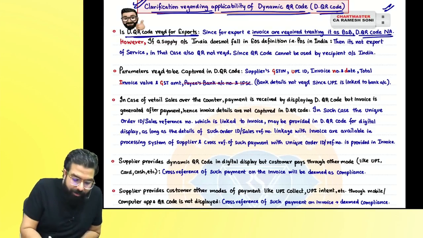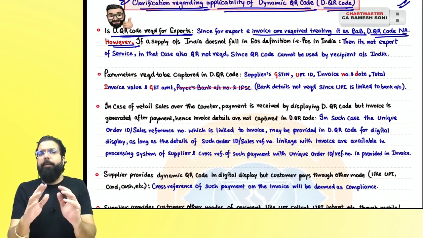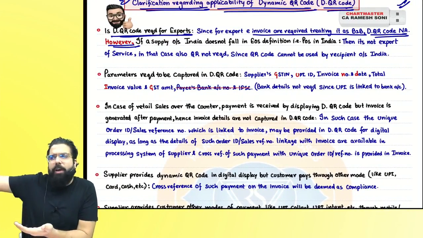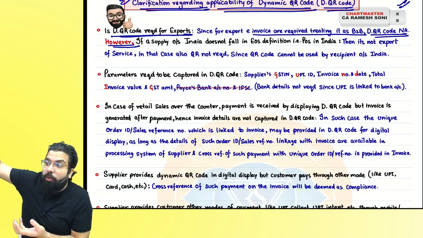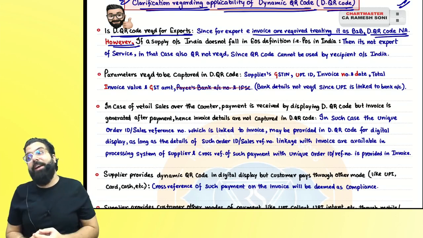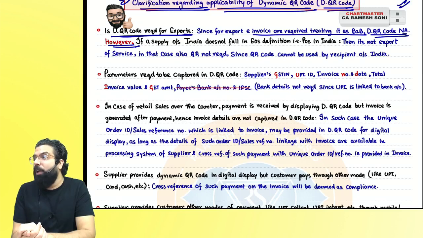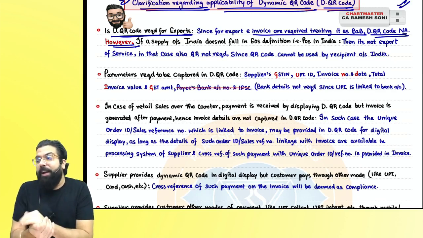Are we clear? Sir, however, tell me one thing. For export it is not applicable. What if the supplier is in India, the recipient is outside India, and the place of supply is in India? Place of supply should also be outside India, only then it is export of service. If the place of supply is in India, then it does not fall in the definition of export. If it is not export, then it is a B2C supply.